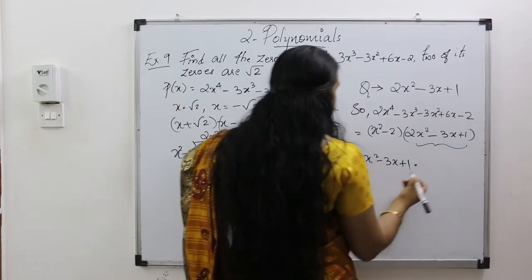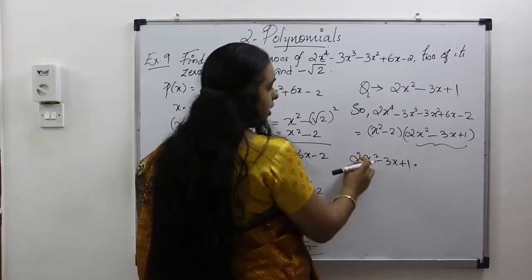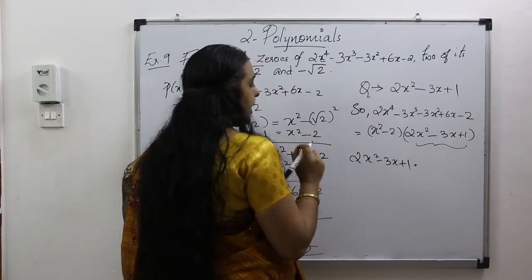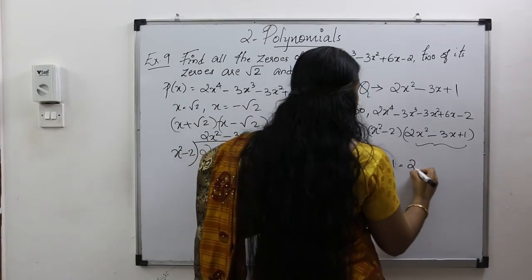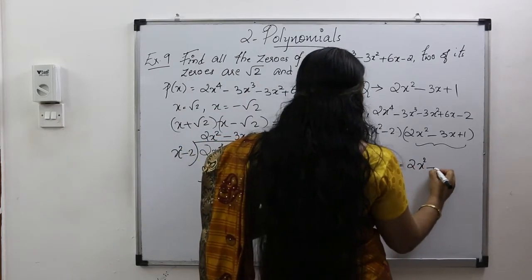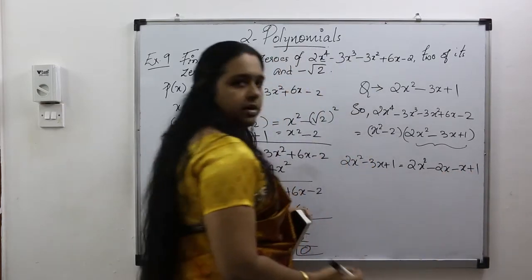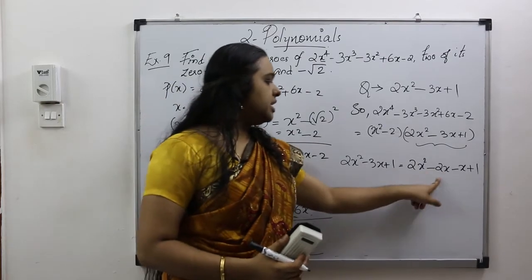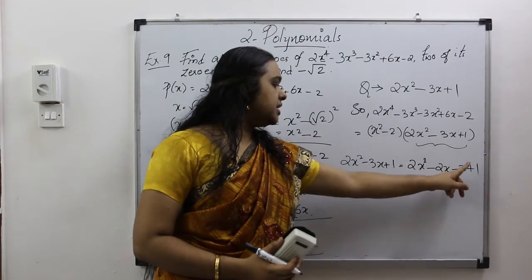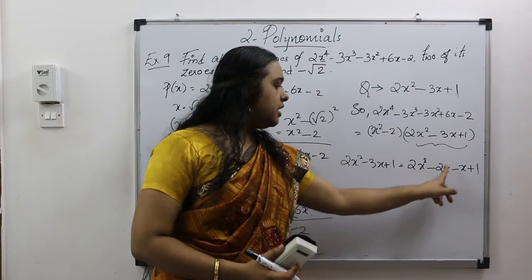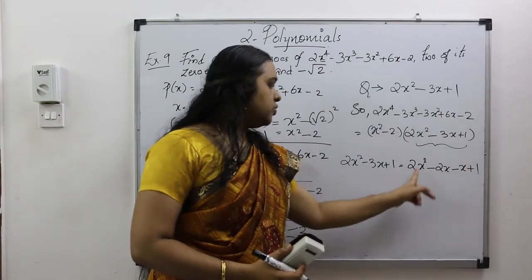What are the two numbers? Product 2 and sum minus 3. That is equal to 2x square minus 2x minus x plus 1. Isn't it? Minus 2x minus x is minus 3x. 2 into 1 is 2.